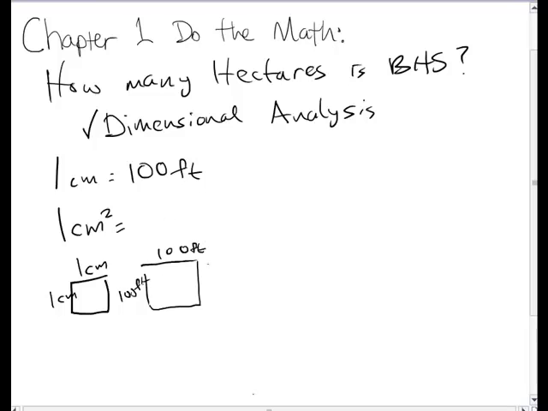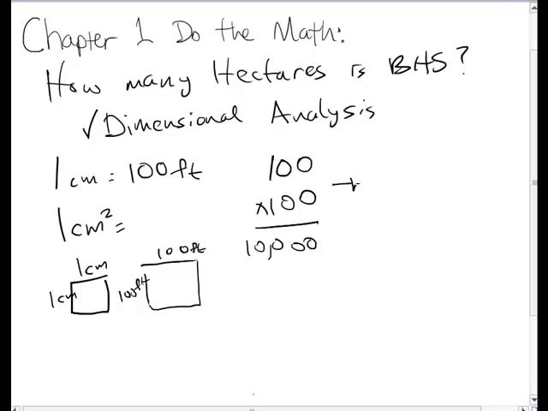So it's actually 100 times 100 to get how many feet squared the centimeter is. You could go 100 times 100 long ways and figure out all the zeros, and you'd end up with 10,000.